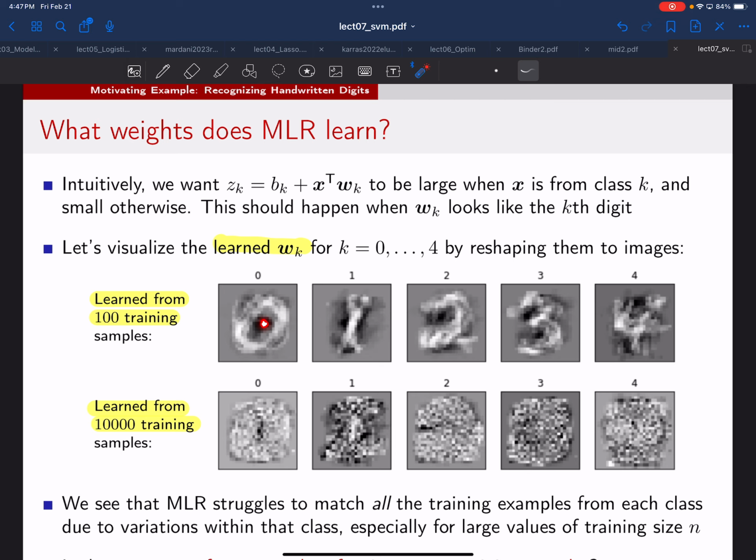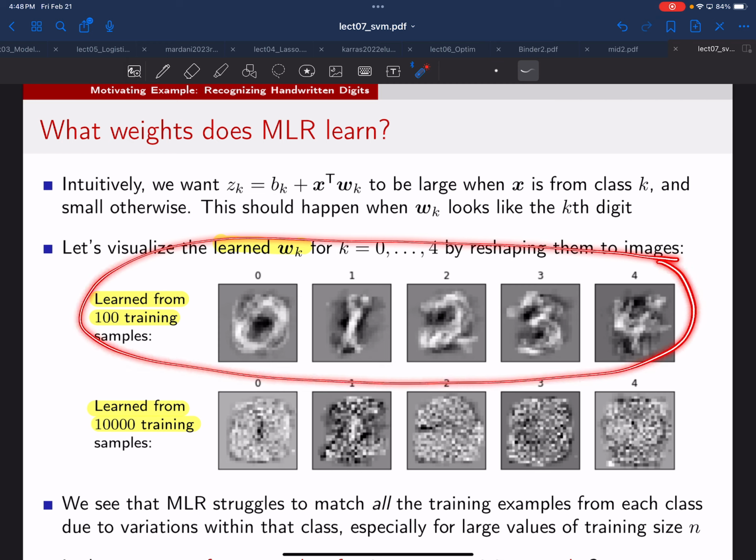It's like, I don't like that, I'm going to decrease my score for that. And out here, it's basically neutral. It's applying 0 to those pixels and saying, I don't really care what's out there. Meanwhile, if we have a 1, it's strongly weighting those things, but things just outside it, it's saying, I don't want to see that. You can visually see the images pop out when you look at the trained weight vectors, at least when you use 100 training samples. Is this making sense, what we're seeing?